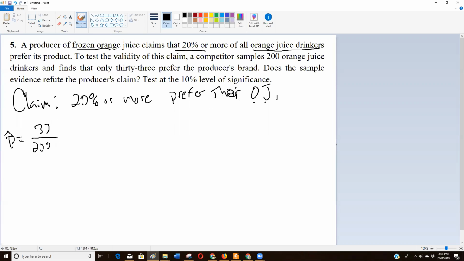So what does that equal out to be? 33 divided by 200. I'm getting 0.165, or 16.5%.